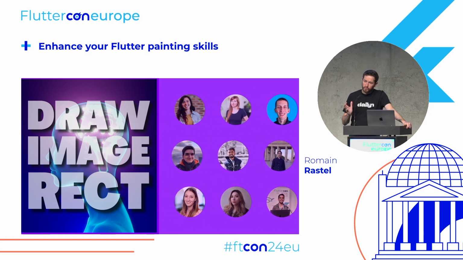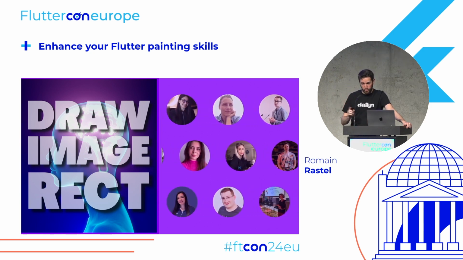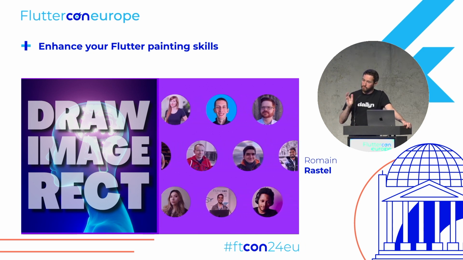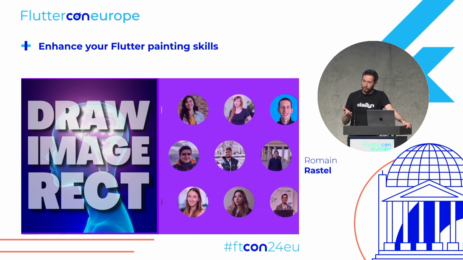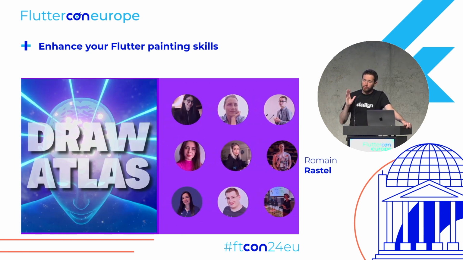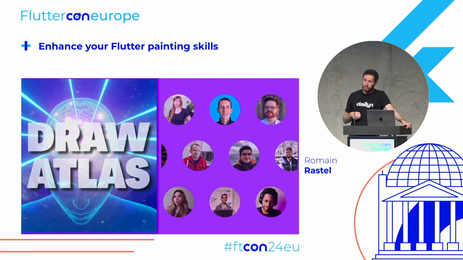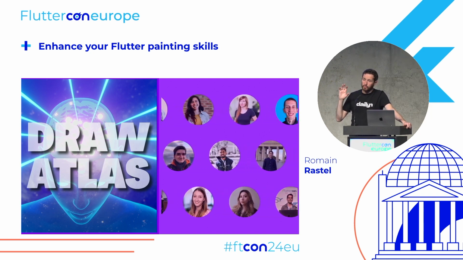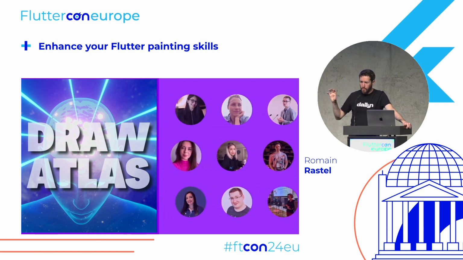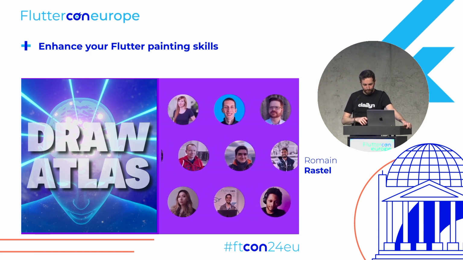If you want to draw this in a single call to the GPU, so the image is sent only once, and you provide the positions of what you want only once, then you will have to call drawAtlas. For that, you just have to provide the sprite sheet, the positions of the parts of the sprite sheet you want to draw, and then where you want to draw them on the screen.